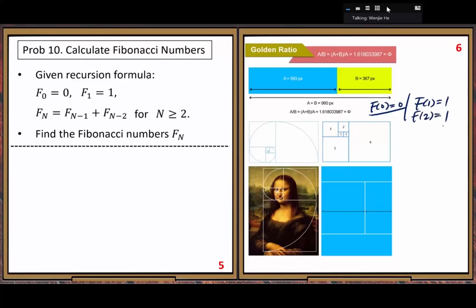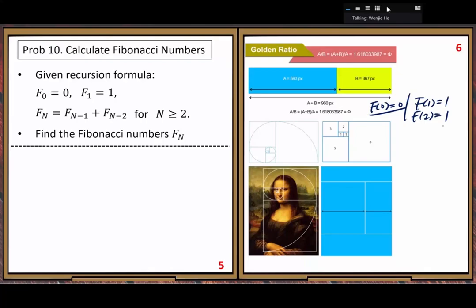Then you draw a square with side 1, where the side is the Fibonacci number. Then another one, f of 2, so 2 unit squares. You align them, and you get a rectangle, right?